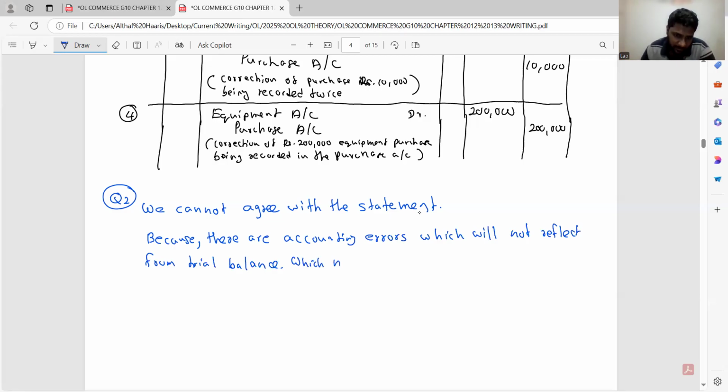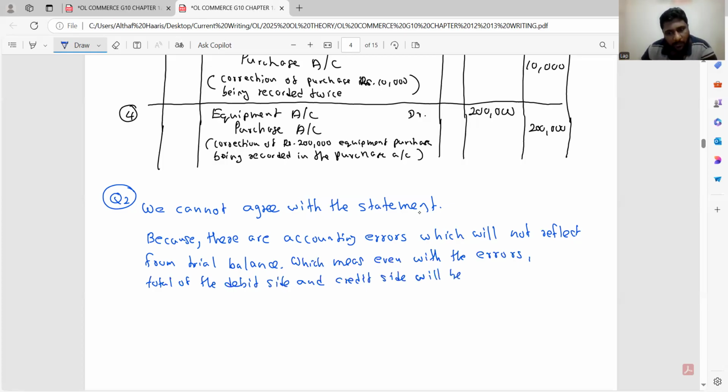Which means even with the errors, the total of the debit side and credit side will be the same in the trial balance.